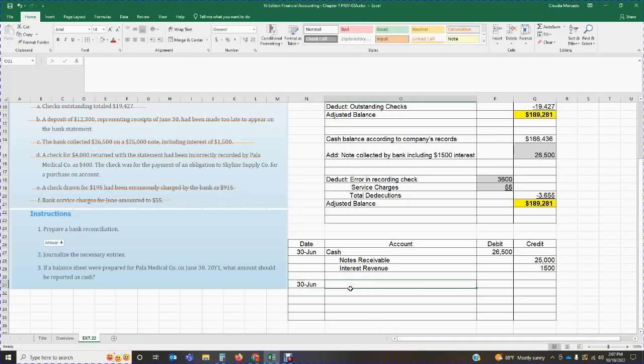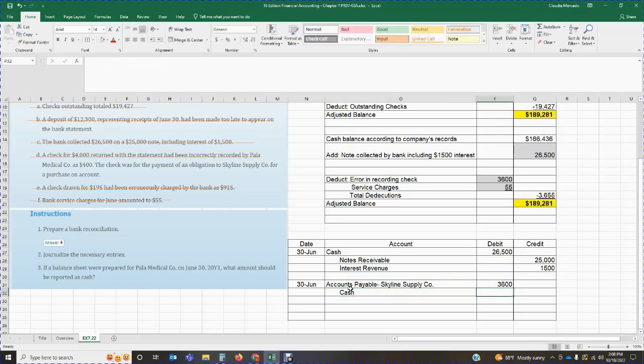What's going to happen is, we need to make an entry to adjust our accounts payable. We're going to debit it for Skyline Supply Company, because we're making a payment for them, for the amount of $3,600. And how do we make a payment?